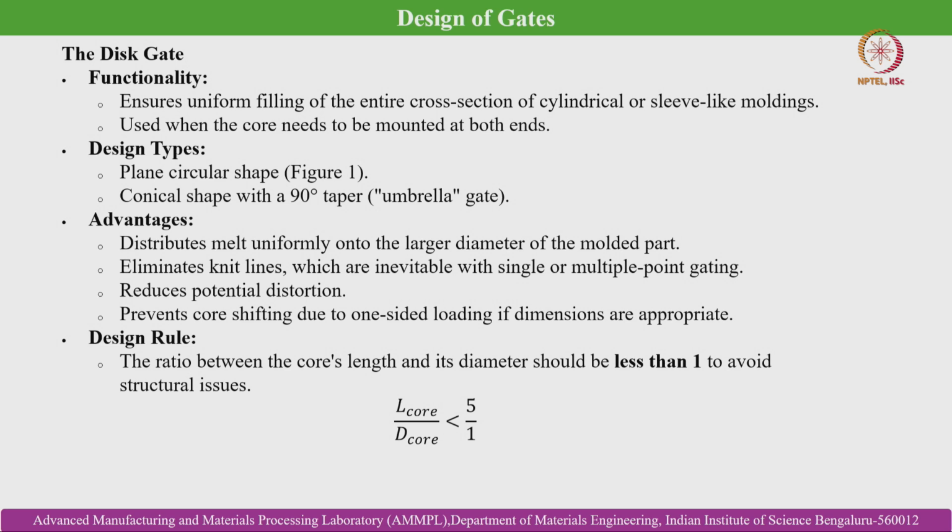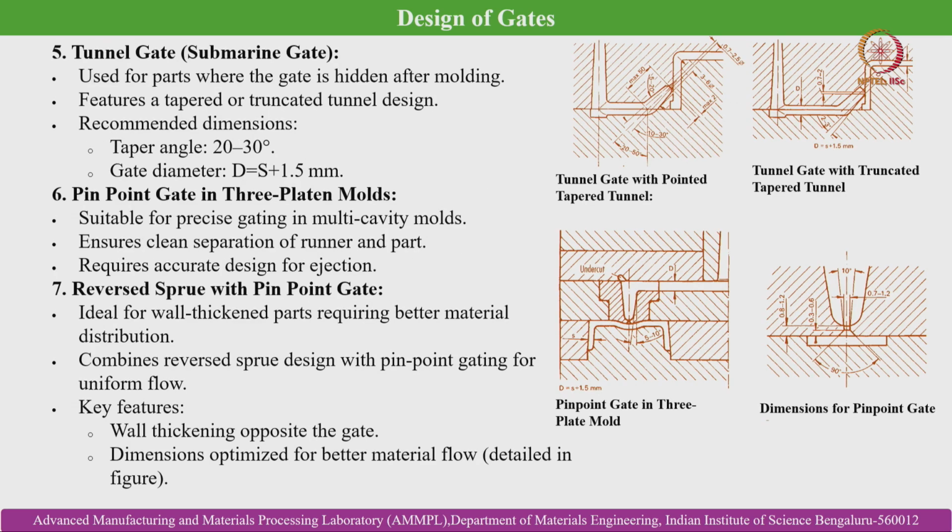So, this is the case for the disc gate, and the tunnel gate we have already discussed. For the tunnel gate, these are basically the design principles. It connects the component cavity beneath the parting line. This is the arrangement, which is why it is called a submarine gate or tunnel gate.